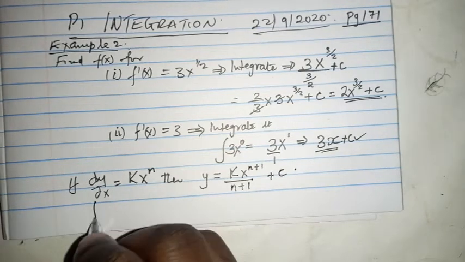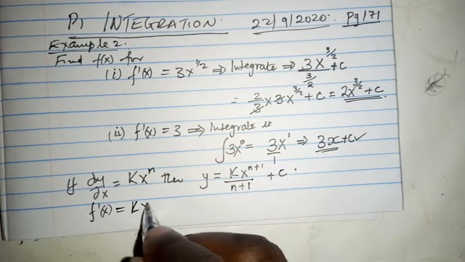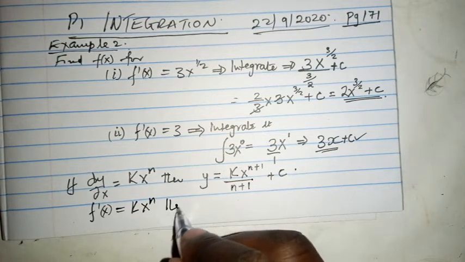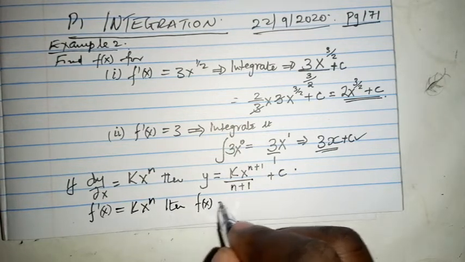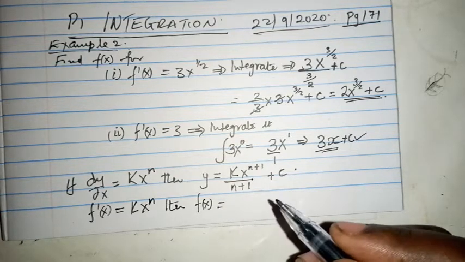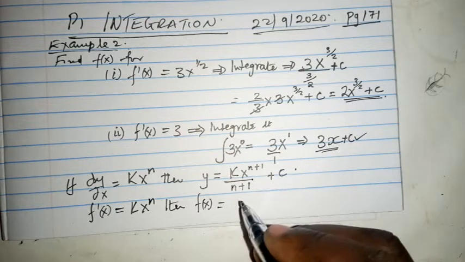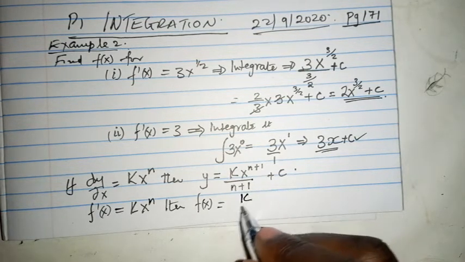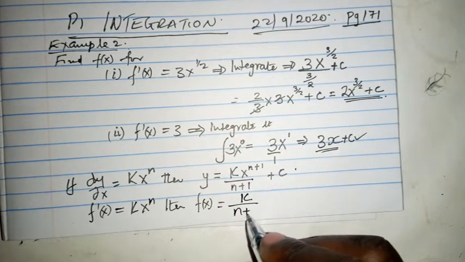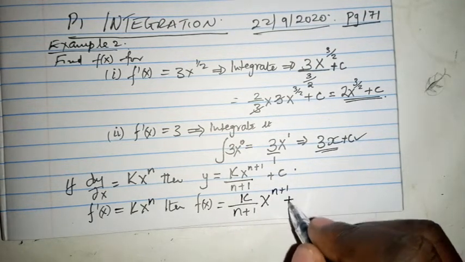And if we're talking about the differential function, which is kx raised to power n, then the function itself becomes, you may want to treat k alone, but there's no difference. You can write it like k over n plus 1 multiplied by x^(n+1) plus c.